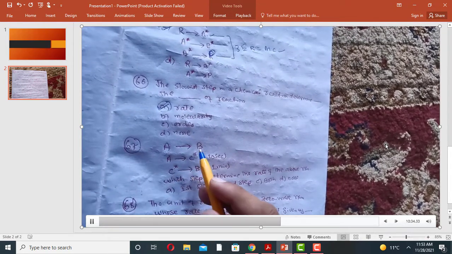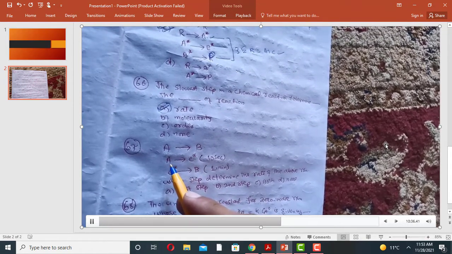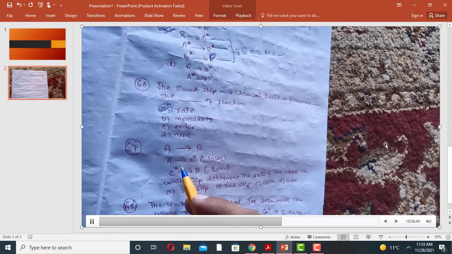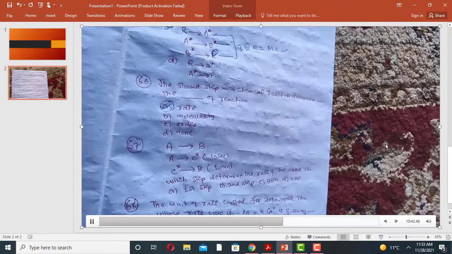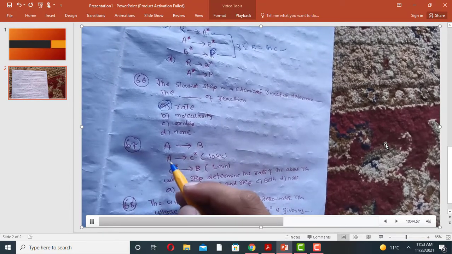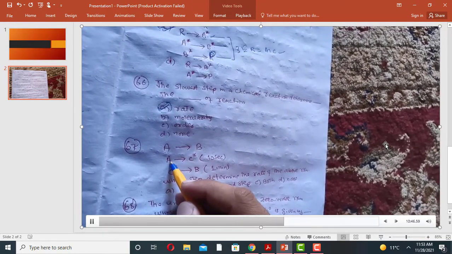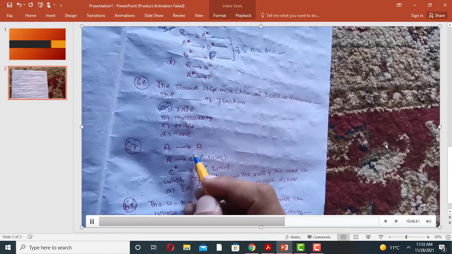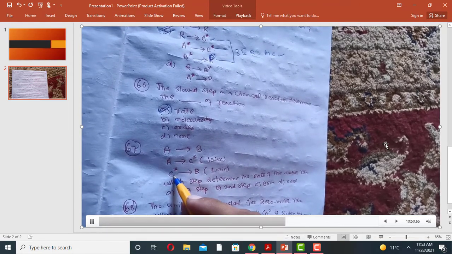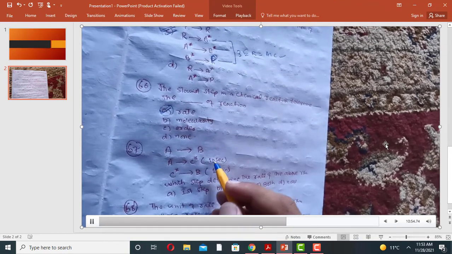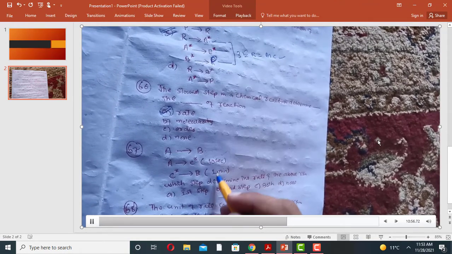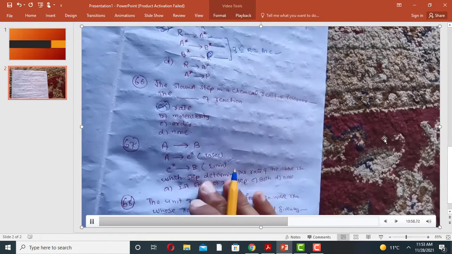A is converted into B. This reaction occurs in two elementary steps. In the first step, A is converted into the radical C, and in the second step the radical C disappears and is converted into B. The first step occurs in 10 seconds while the second step occurs in 1 minute.